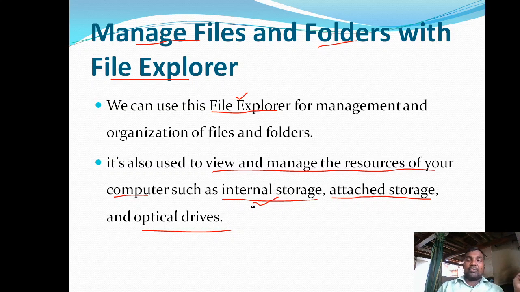We can view and manage those internal storage devices, and we can also attach several devices like floppy drives, CD-ROM drives, CDs, DVDs, and pen drives, USB drives. All these we can view and manage, and we can perform any kind of operations on those resources with the help of File Explorer.